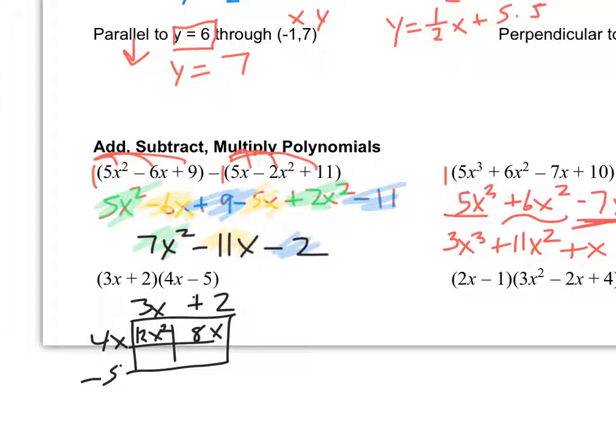Whoa, that was so messy. And then -10. So combine like terms, and I would get 12x squared minus 7x minus 10. The last one is the same idea, I just have a bigger box.